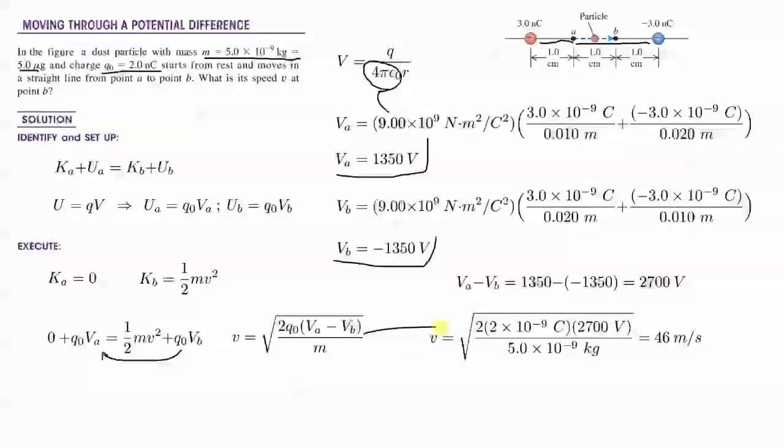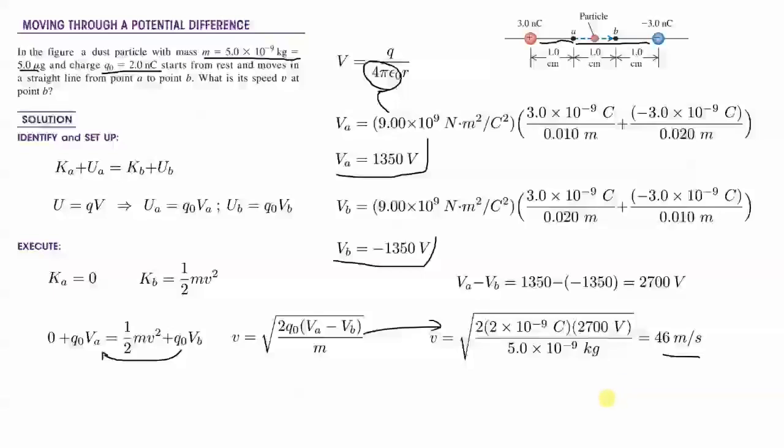So from this equation onto this equation, we get 2 times Q naught, which was 2 times 10 to the negative 9 coulombs, times the difference of the voltage, which is 2,700 volts, all divided by the mass of the dust particle, which is 5 times 10 to the negative 9 kilograms. And after carefully calculating this, we end up with 46 meters per second, which is pretty crazy because the dust particle starts at rest, and then within 1 centimeter, it's now traveling at 46 meters per second.